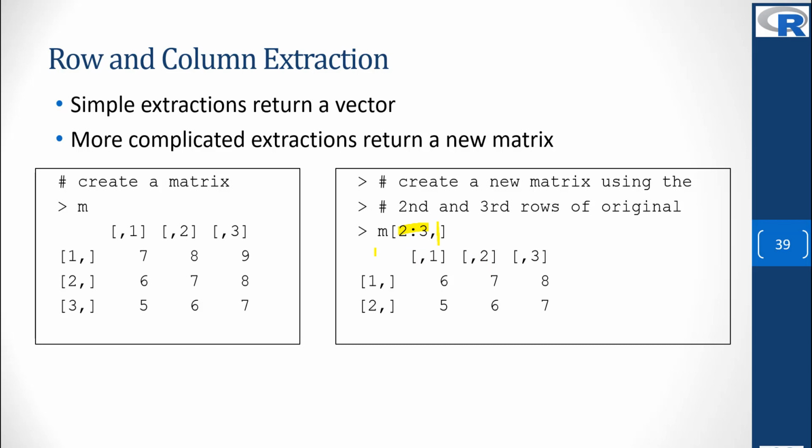We're going to get the entire row for each of those index values. And so you see we get row 2 here and row 3 here, but now this new matrix is 2 rows by 3 columns instead of 3 rows by 3 columns. And if we wanted to assign this to a variable, it would save the result and we would have an entirely new matrix created from the original with this extraction.